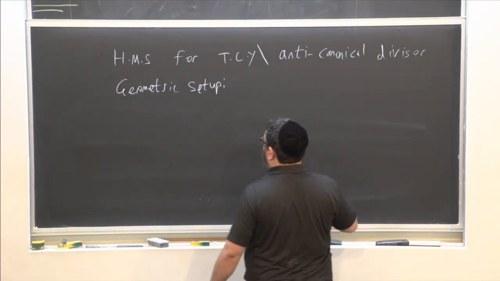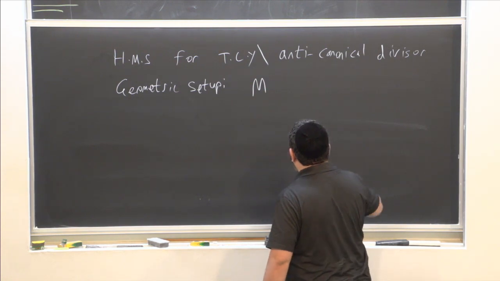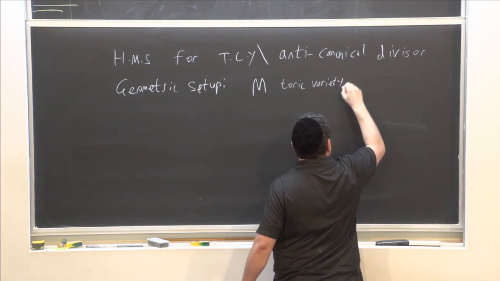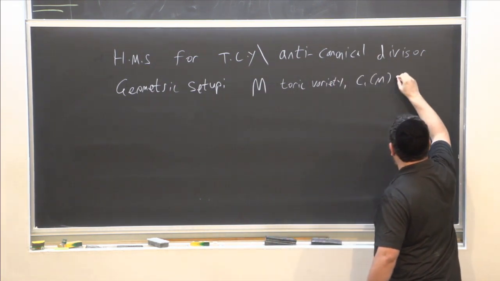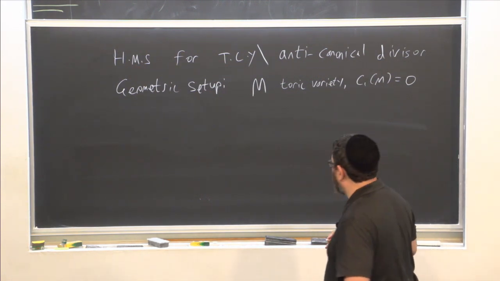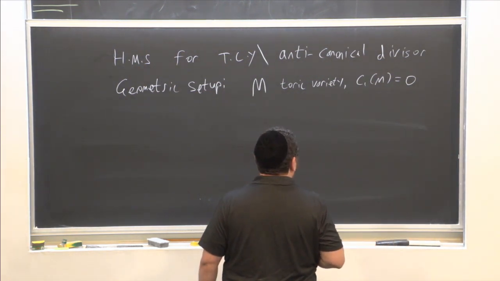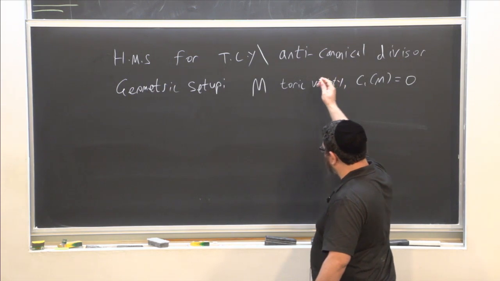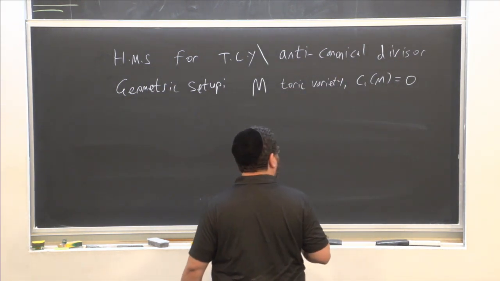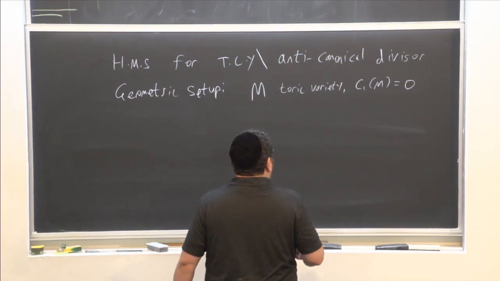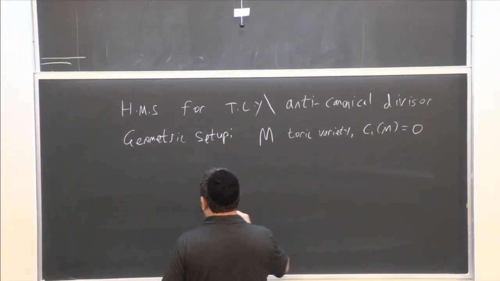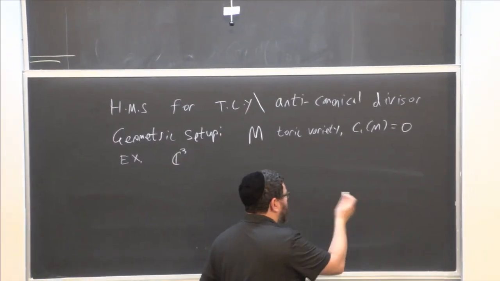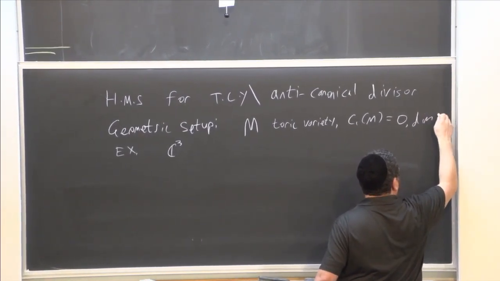Okay, so the setup first. We start with a toric Calabi-Yau. So M would be a toric variety with first Chern class equal to 0. That's a toric Calabi-Yau, and perhaps an additional assumption which comes from symplectic reduction, so maybe some completeness assumption. Examples to keep in mind: I will work in dimension 3, though it's not strictly necessary.